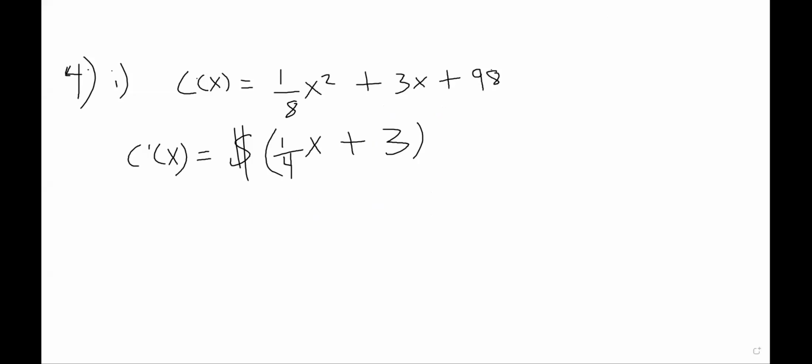So I'm just going to clear out the board. In this case, you need to find the eighth unit in order to determine what the 9th unit will be. All right. So we're just going to plug in x is equal to 8 into our differential function. Part 4, second part.